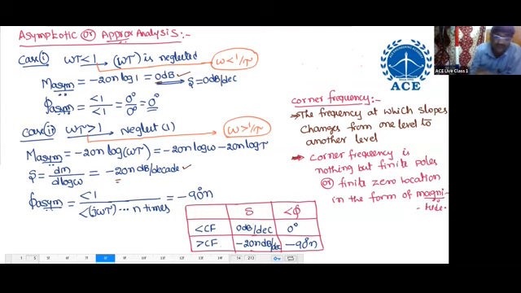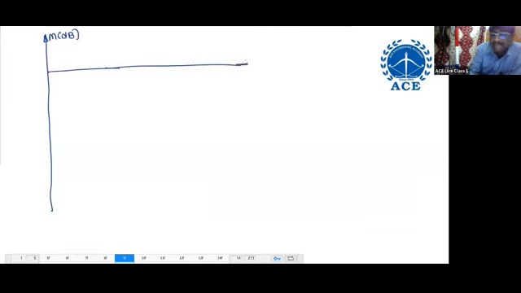You draw the plot. Come on, draw the plot. So magnitude in dB. This is omega.